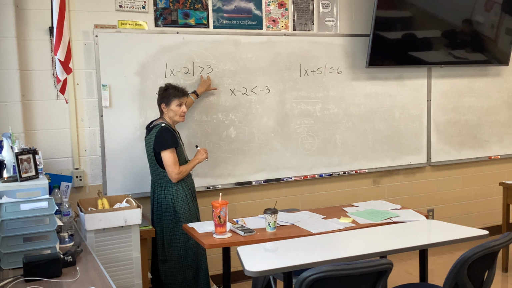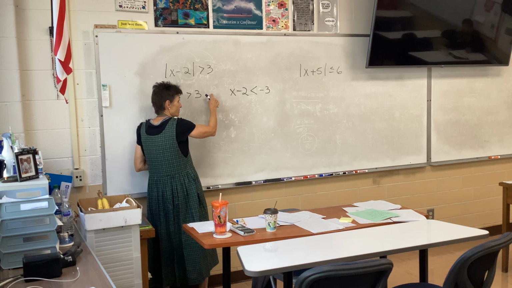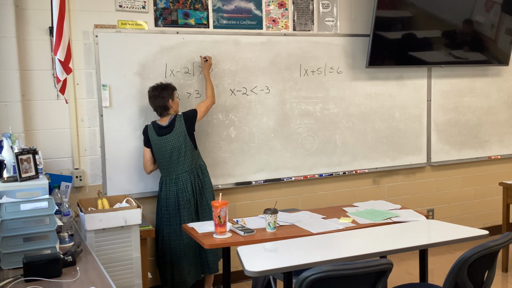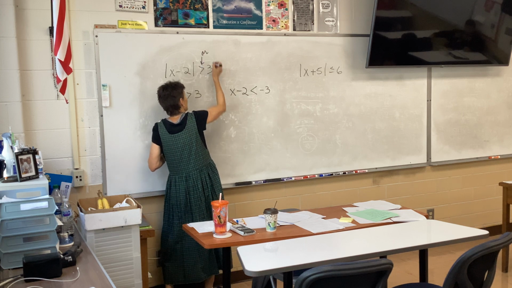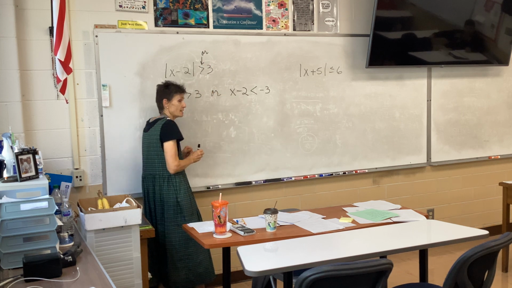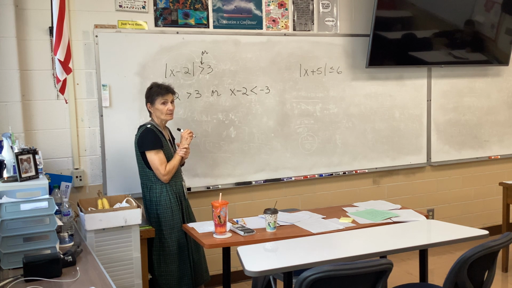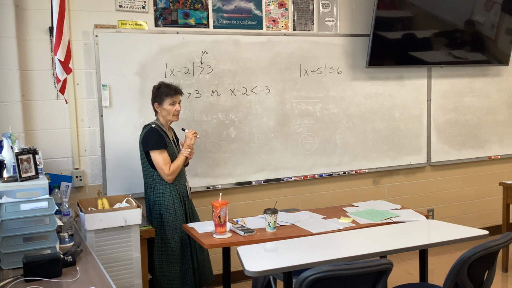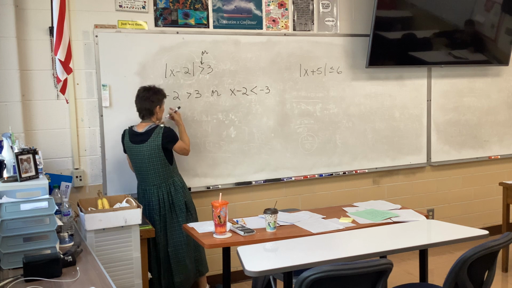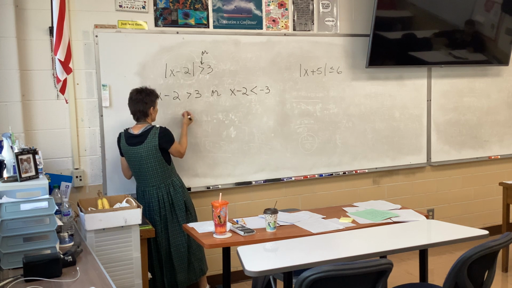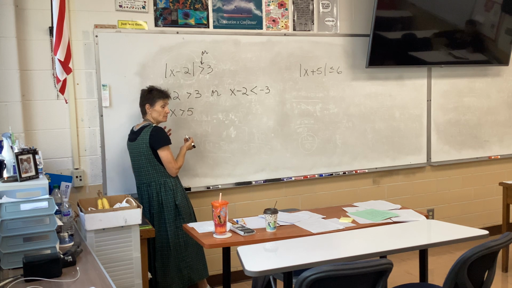Okay? Now, when your problem starts out as a greater than, the word that goes in between the two pieces is or. Now you're starting to remember it now? Yeah. So then we solve each piece. So we just solve this like regular. So we're gonna add 2 to both sides, and it's gonna say x is greater than 5.